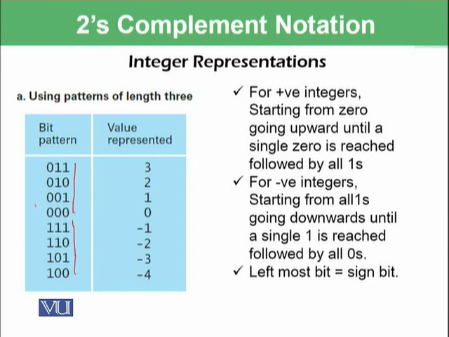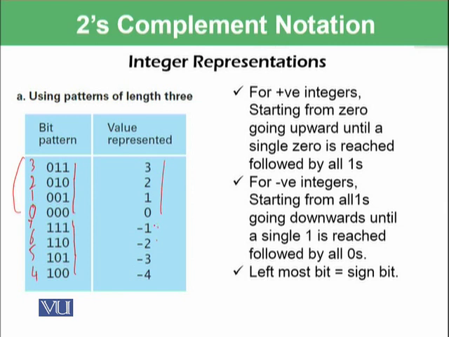You might remember this was decimal 0, 1, 2, 3, and then 4, 5, 6, and 7. We are saying that 0 to 3 will represent positive numbers 0, 1, 2, 3, and 4 to 7 will represent -4, -3, -2, and -1.